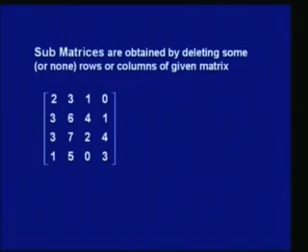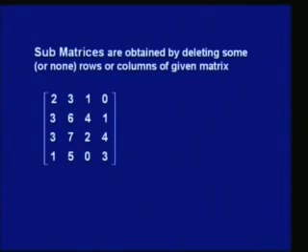Submatrices are obtained by deleting some rows or columns of a given matrix. For example, we have a 4 by 4 square matrix consisting of elements 2, 3, 1, 0 in the first row, 3, 6, 4, 1 in the second row, 3, 7, 2, 4 in the third row, and 1, 5, 0, 3 in the last row.